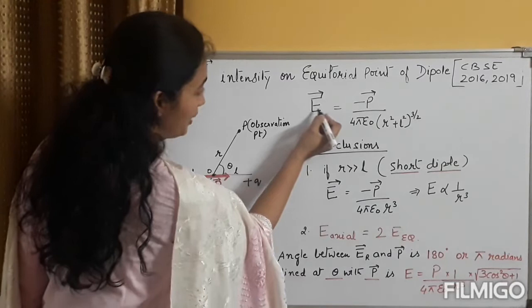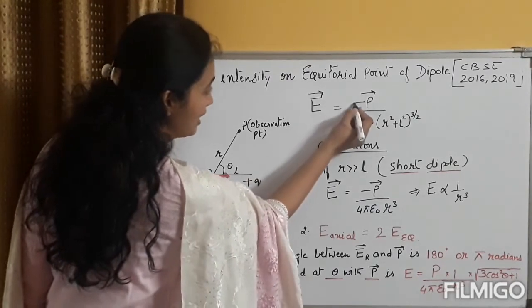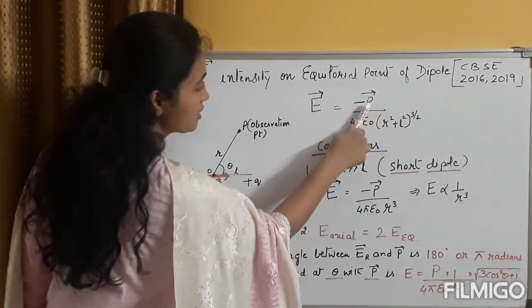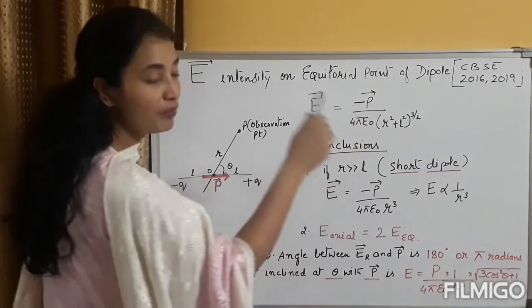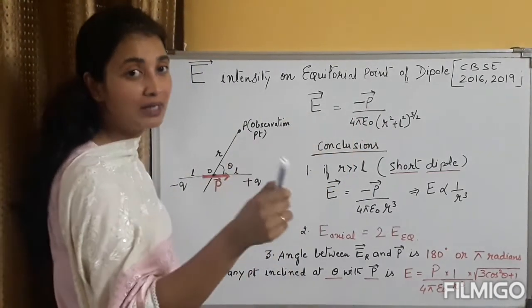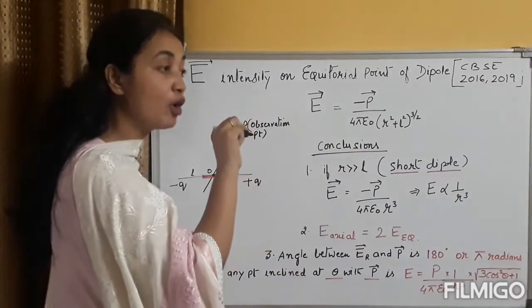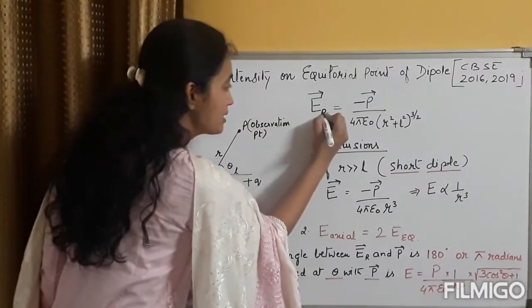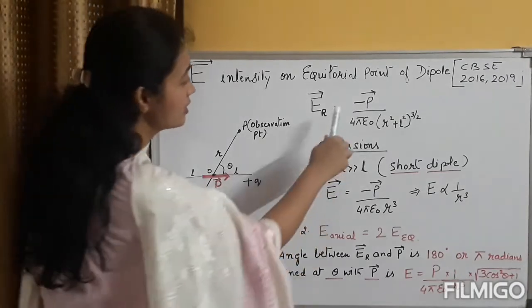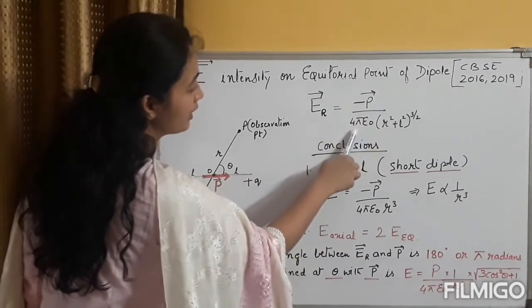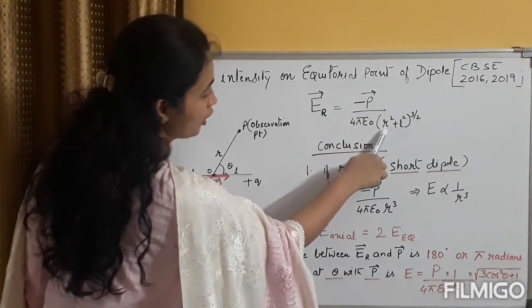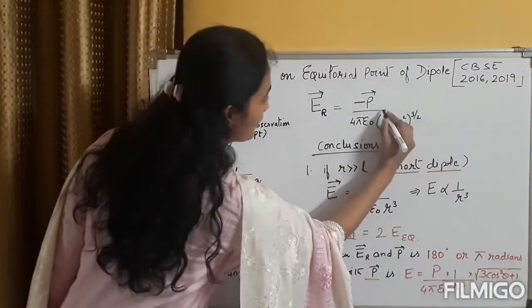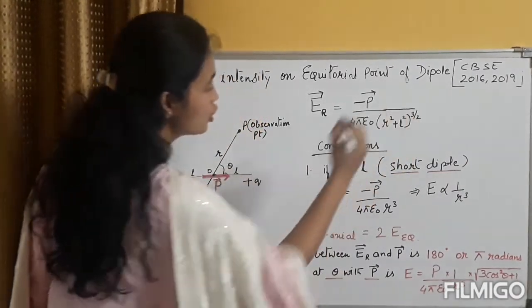So the electric field, being a vector quantity, is equal to minus of the dipole moment vector. We know that the dipole moment vector, as indicated in the diagram, is along the positive x-axis and the resultant electric field is along the negative x-axis. So it is along minus of the dipole moment vector, 1 by 4 pi epsilon naught, and this distance (r square plus l square) to the power 3 by 2.